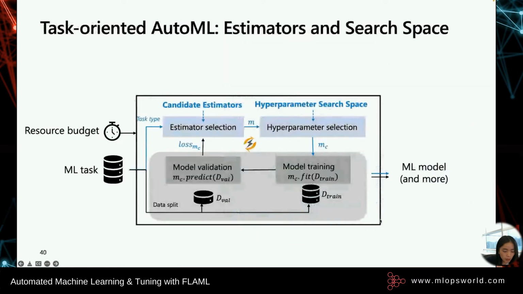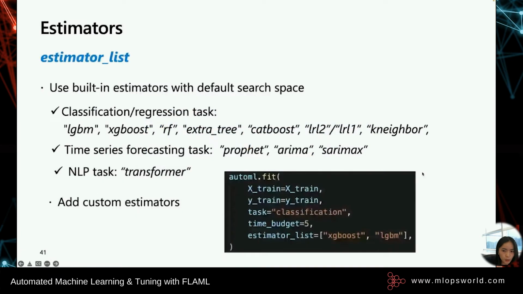The next major component you can customize is the candidate estimators and their corresponding search space. FLAML has a set of built-in estimators for each task type, and each of them is associated with a default search space. Here is the list of built-in estimators for different learning tasks.